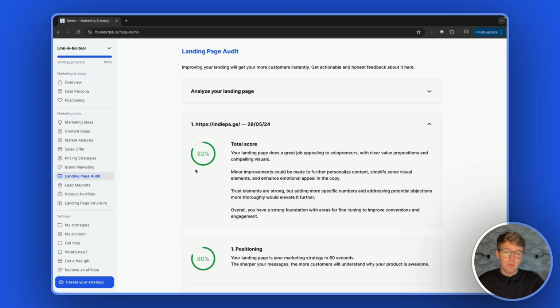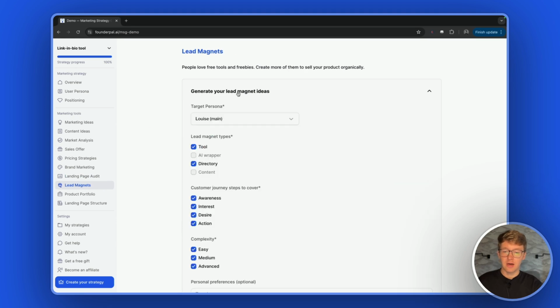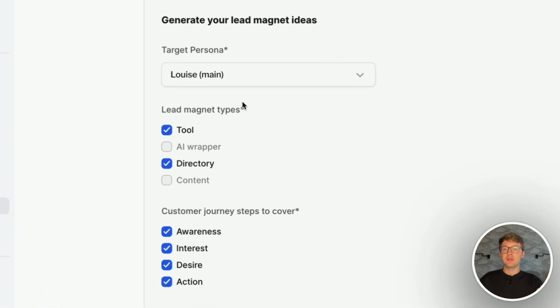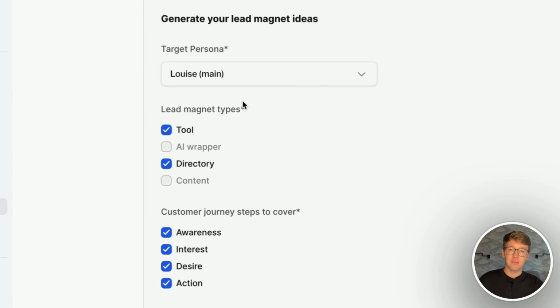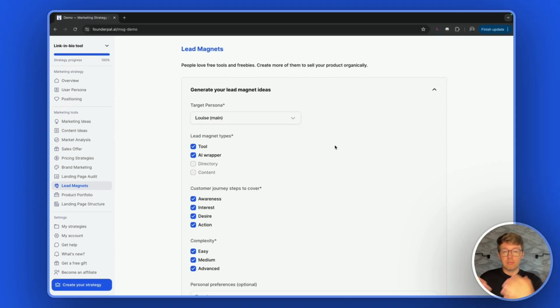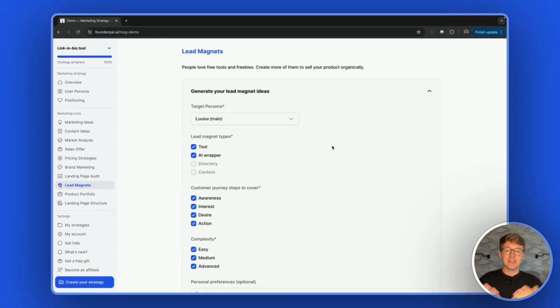You can get probably all of the assets in under 5 minutes. You can personalize everything. For example, if you are only interested in building tools and AI wrappers and you don't want to have directories or contents, you can just specify this and the list will be as close to your interests as possible.